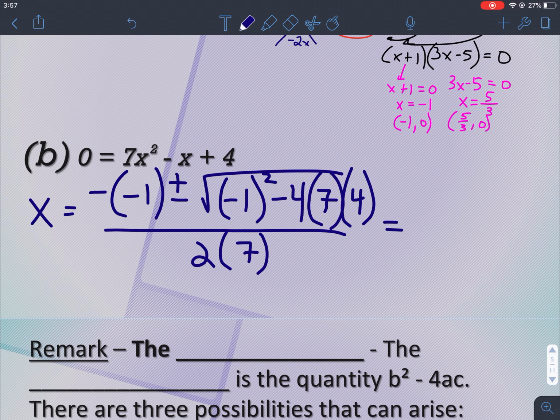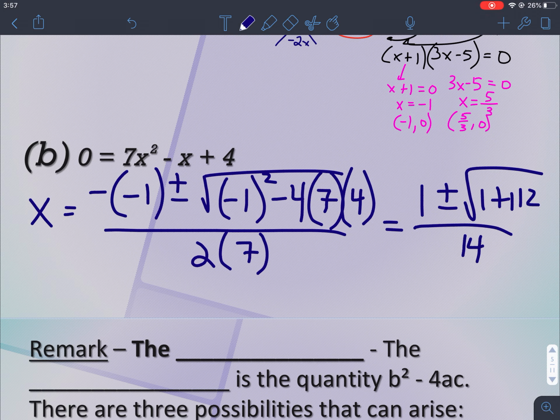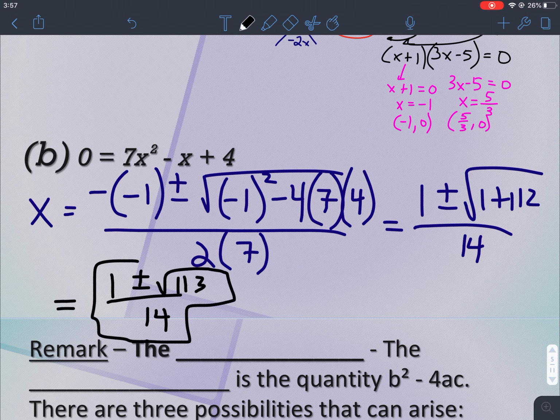And that will become positive 1 plus or minus the square root of 1 plus 112 divided by 14. And that's going to be 1 plus or minus square root 113 over 14. When you get to this point, that radical does not simplify.